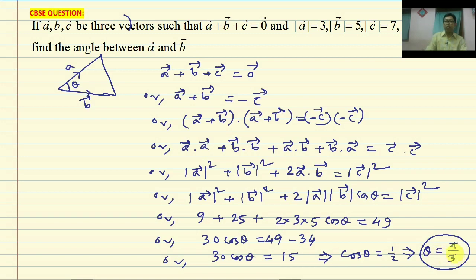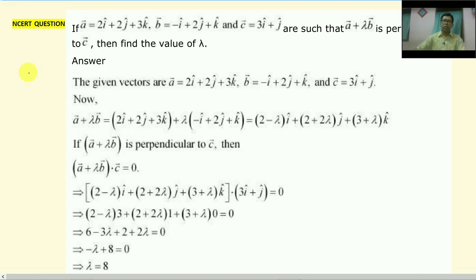Okay, now the next problem. This is also another important problem, and I have collected this one. The question is also taken from NCERT. If A vector is equal to this, B vector is given, C vector also given, such that A plus lambda B vector is perpendicular to C vector.